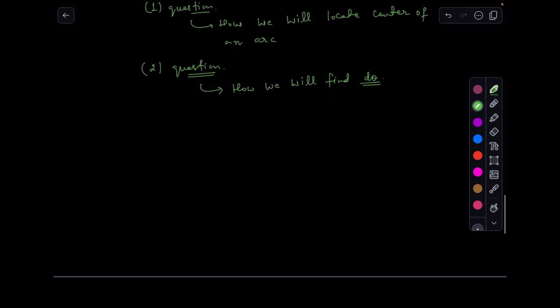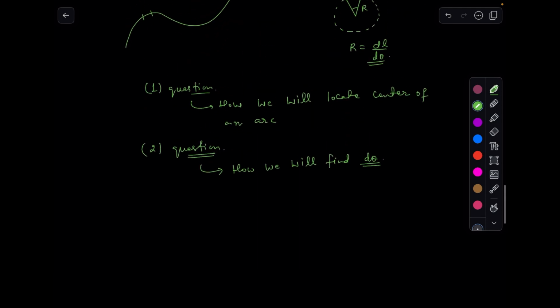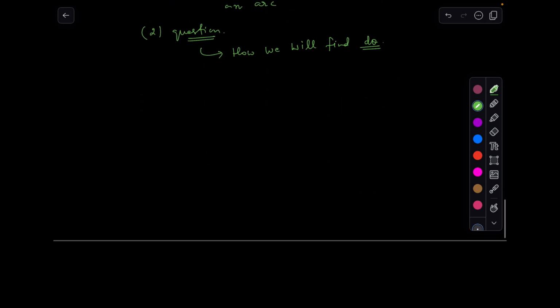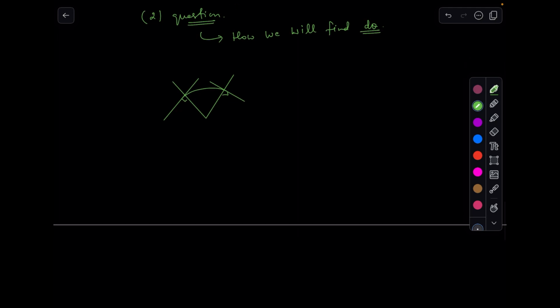Coming to the first question, the answer is that if we have a part of a circle, then at the end points we can draw tangents and we can draw normals. A normal is nothing but a line which is perpendicular to the tangent. So this will be 90, this will be 90. And as we know, in the case of a circle, all the normals pass through the center.